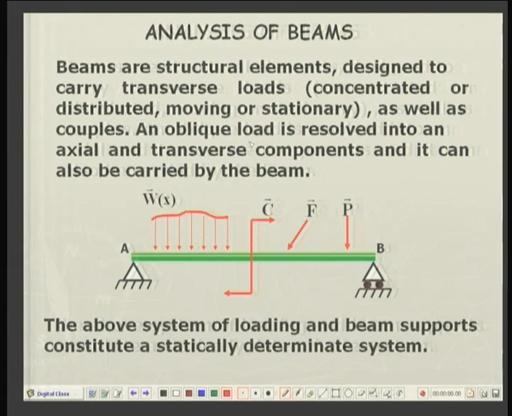Now, we have considered so far the analysis of trusses, and one special feature of the trusses was that all the elements or members of a truss were supposed to take up only either a tensile load or a compressive load, that is the forces are along the length of the member, or, to put it more accurately, about the line joining the 2 end joints of a member.